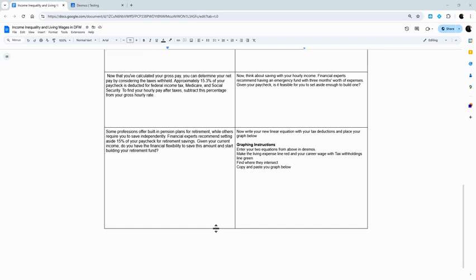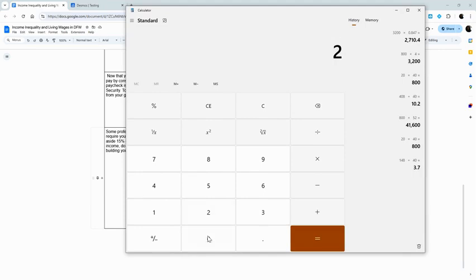And then they're going to take what they have, their taxed money, and see how much they actually have to work. So I'd have them take $20 an hour, and they'd have to multiply that by 0.847.